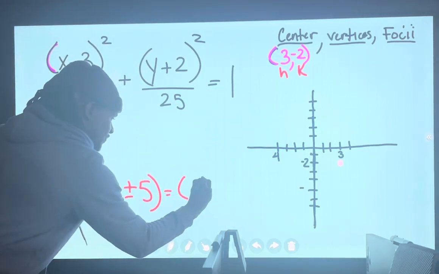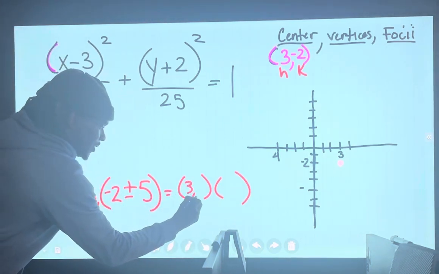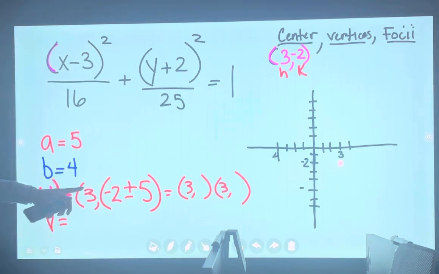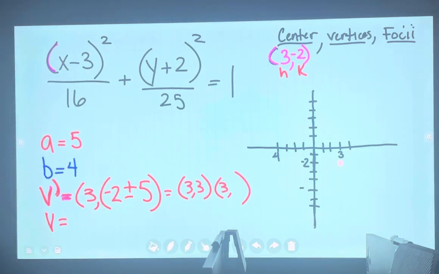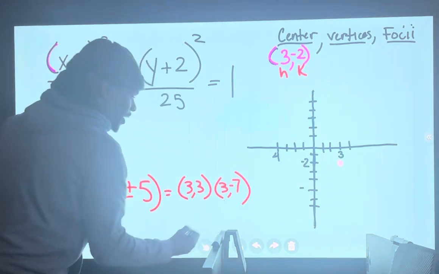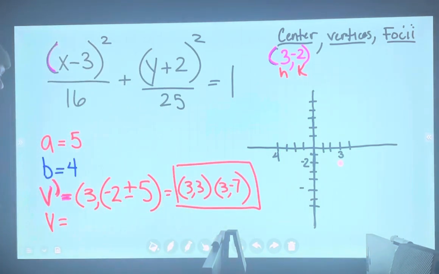Your two major vertices will have 3 in both. What is -2 plus 5? It's 3. And what is -2 minus 5? -7. So now our major vertices are 3, 3 and 3, -7.